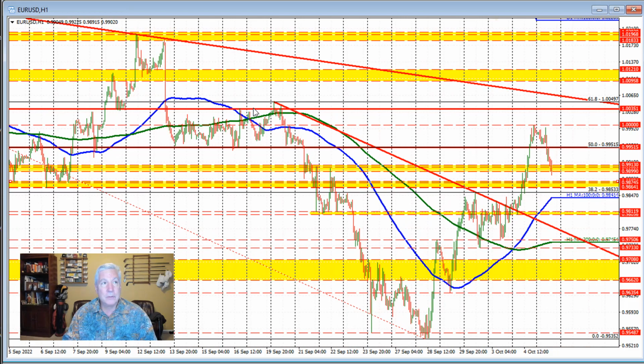The 38.2% retracement of that longer term move down from the September high is in play here at 0.9853. But watch this level through here, which comes in around the 0.9864 to around 0.9877 level in the euro versus US dollar. That would be our next target on the downside for further selling. Here on the upside, we do have this swing area up to 0.9913.